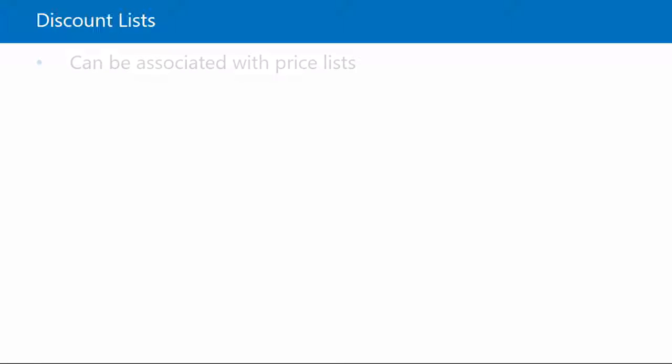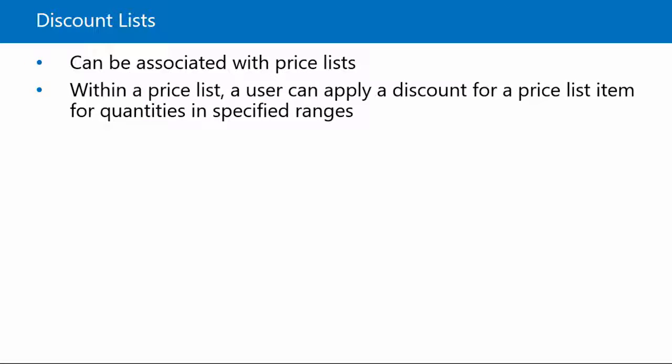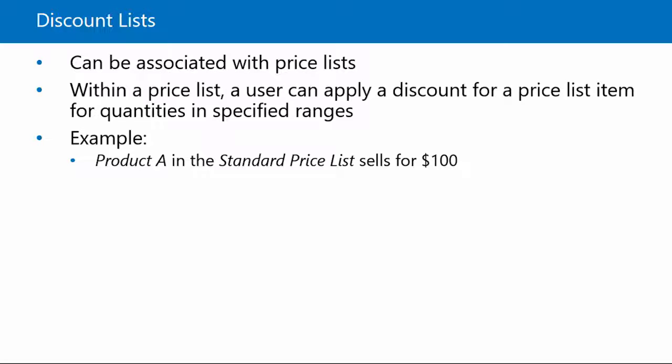Since an organization can use many different types of price lists, as we learned, there are many different pricing scenarios that can be accommodated. Within a price list, a discount can only be applied for a price list item for quantities in specified ranges. For example, here we have product A. In a standard price list, it sells for $100, and we could design a discount list that specifies the following.